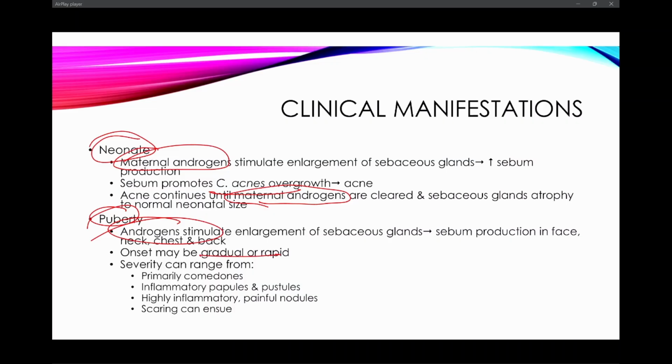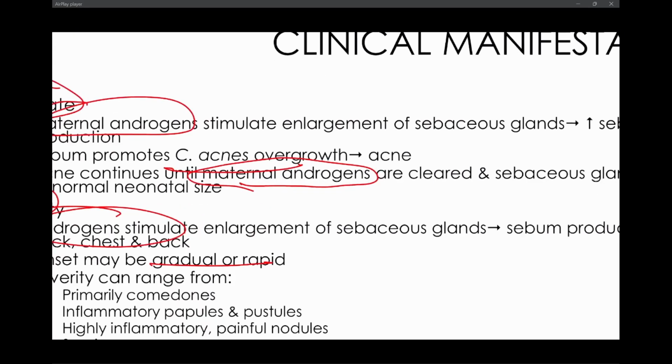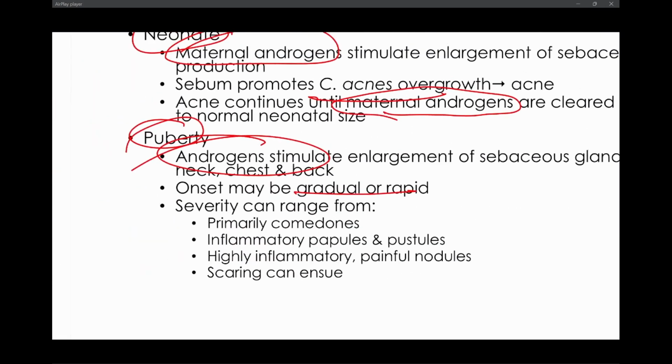Onset may be gradual or rapid. The severity can range from just simple isolated comedones, to inflammatory papules and pustules, where you have the dead white blood cells, neutrophils inside, causing the pus to form, to highly inflammatory, painful nodules, and then obviously scarring is the worst form that can happen from acne.